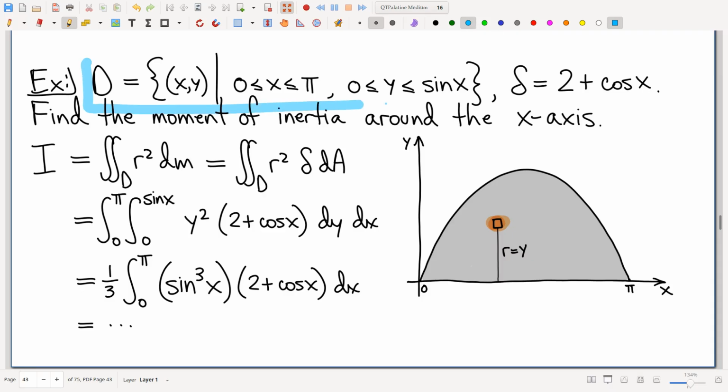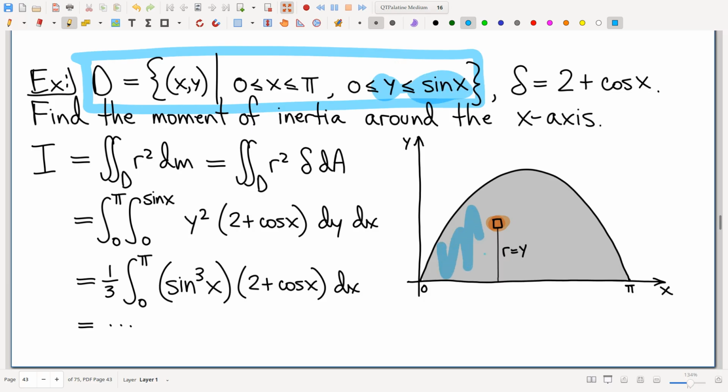Right, so this doesn't say y equals sine x. It says y is less than or equal to sine x. So that includes all of this stuff. Does that make sense? So this particular little piece, a generic piece, is x comma y, and so that distance is y. Is that satisfying? Cool.